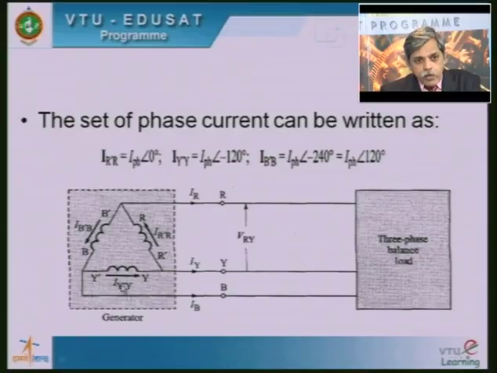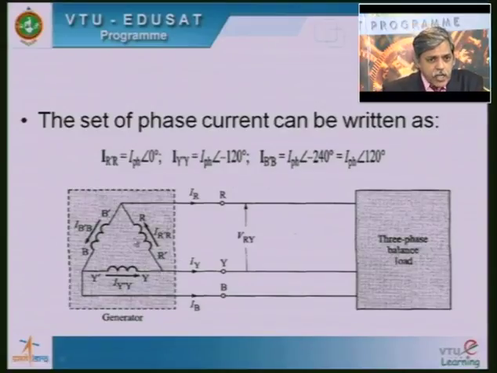Similarly, Y dash Y is flowing from Y dash to Y in the Y phase. B dash to B is flowing in the B phase. So these are all the positive directions. When the currents act in this direction, they are considered to be positive.